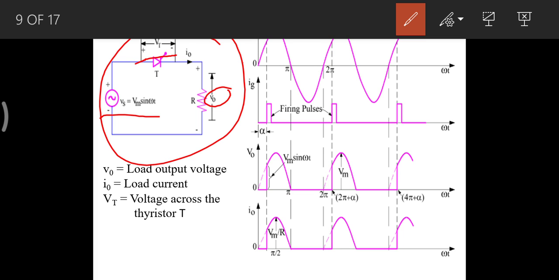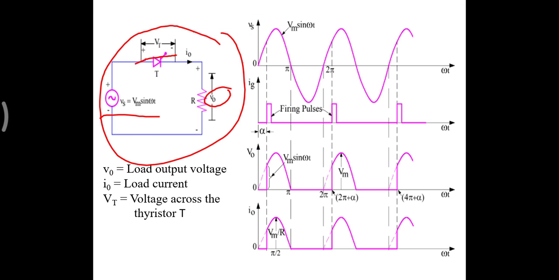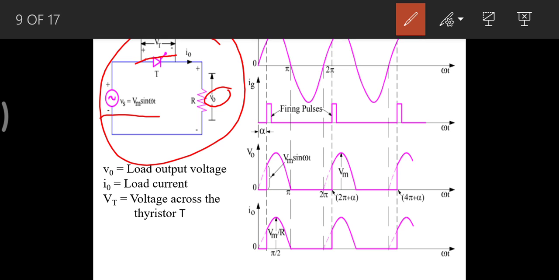Let us see the working operation of this half wave rectifier. Let us consider the first wave. It is the input, that means Vm sin omega t. It is the Vs waveshape. Next, the second one is the gate pulse.